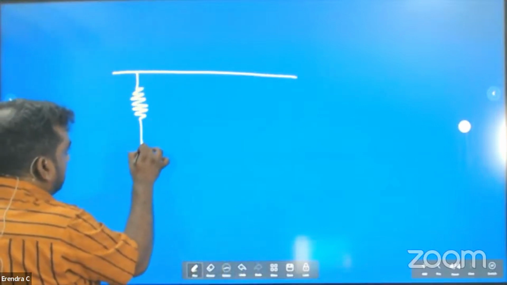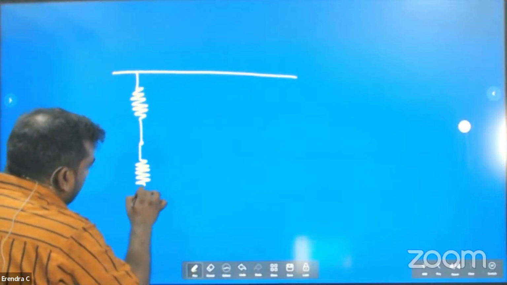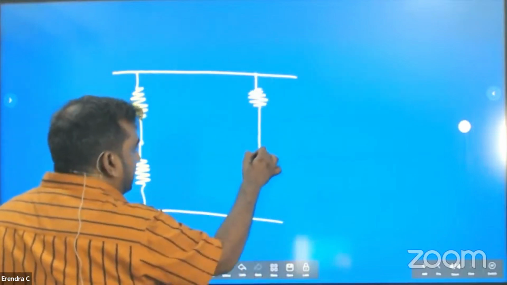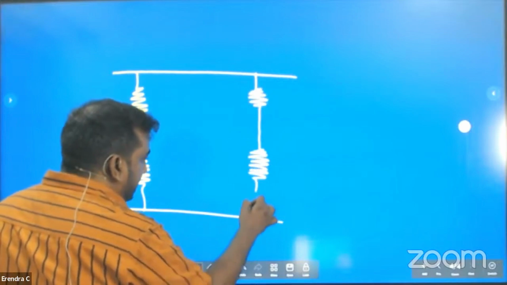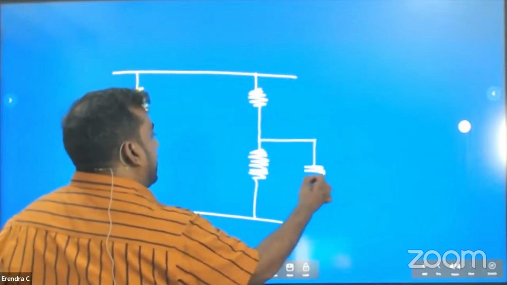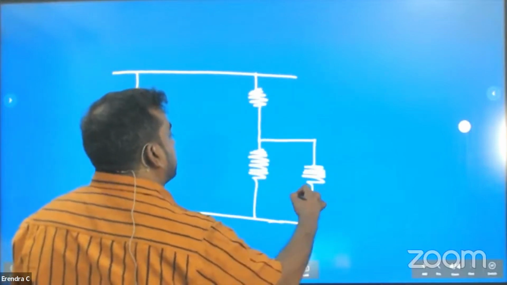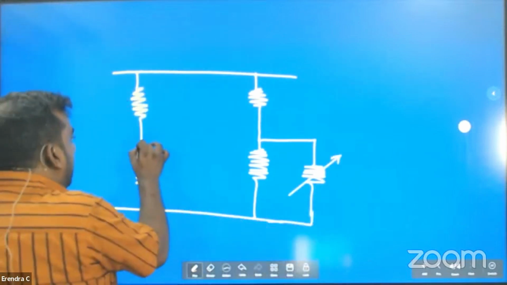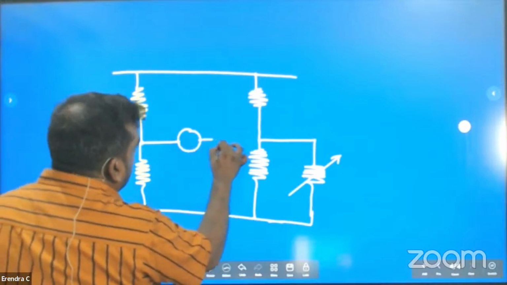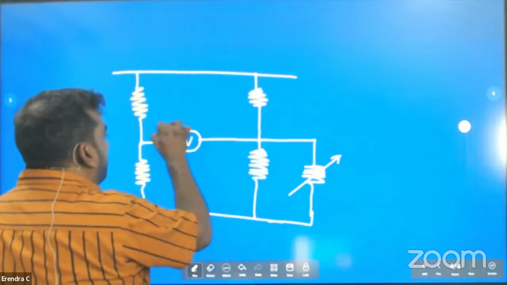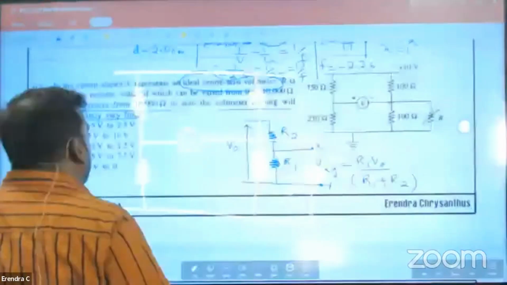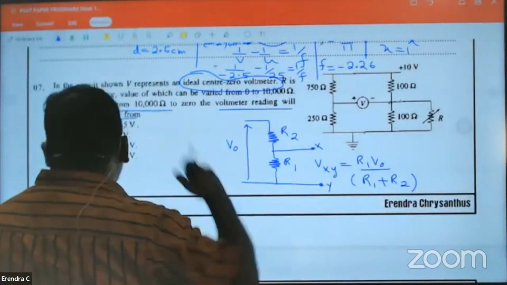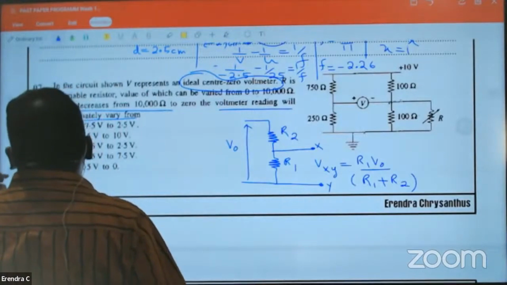Here there is a resistance. Here there is a resistance. Here is your variable resistance. Among this, you have your voltmeter. Plus and minus 750, 250.